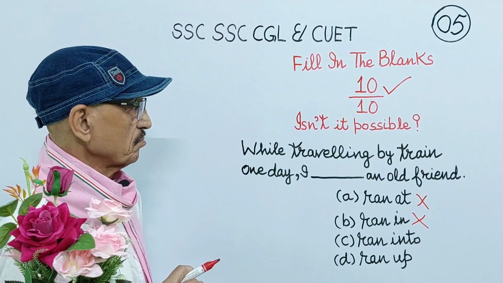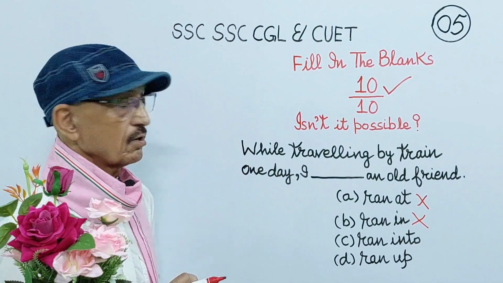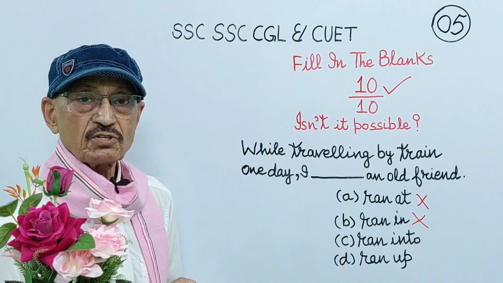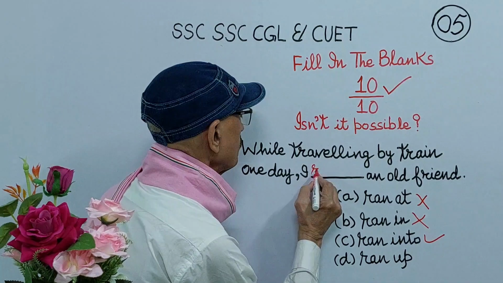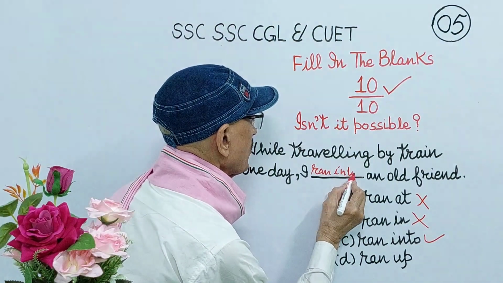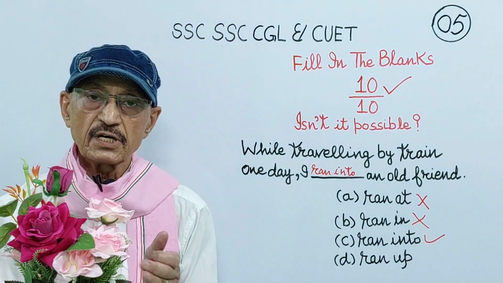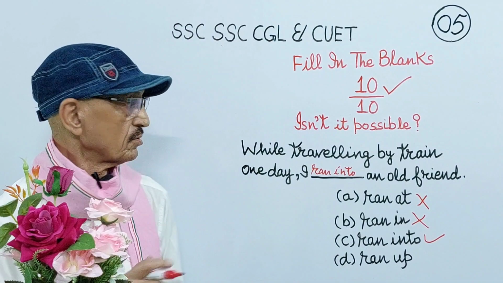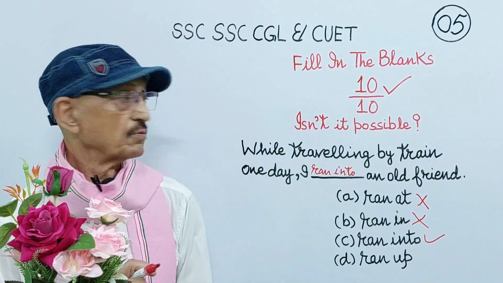While traveling by train one day, I ran into an old friend. This is correct. Ran into. Run into means to meet somebody by chance. So the sentence is in past tense, so you will take ran into.